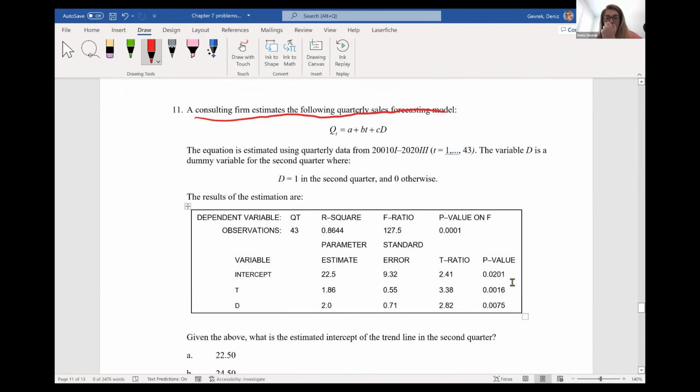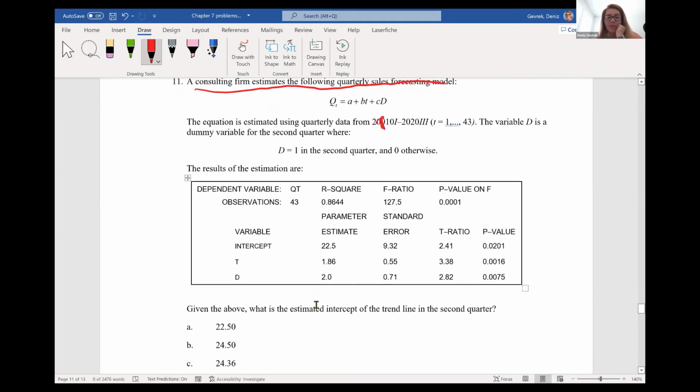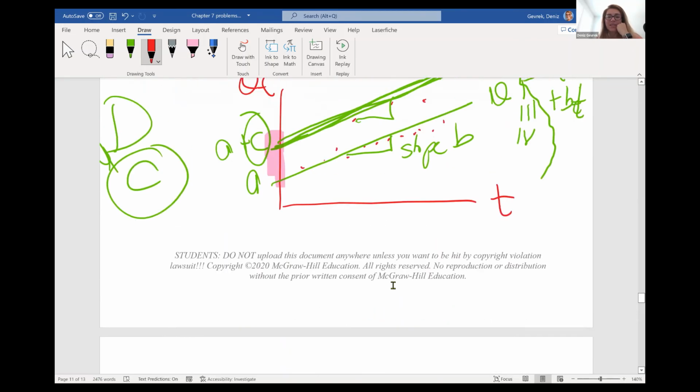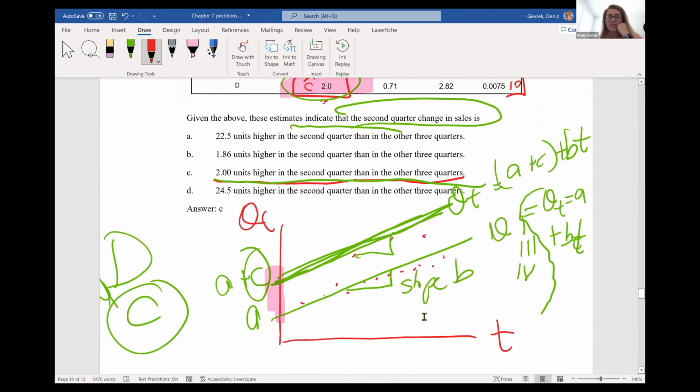Same thing again, there's one extra 0. Given the above, what's the estimated intercept of the trend line in the second quarter? So now it's asking us the trend line intercept. We did this already here. The intercept of the second quarter is A plus C.